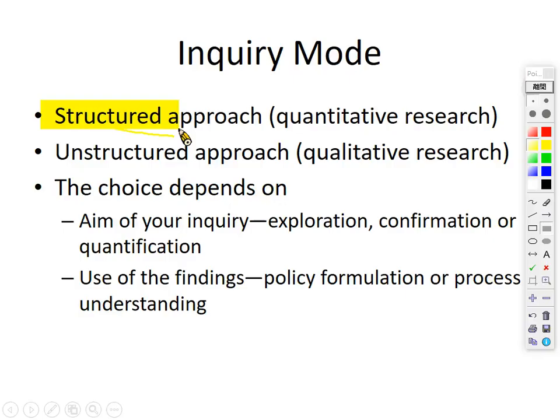So I need to describe it. But before I interview you, I have no idea what kind of interactions we will have, right? So in this regard, I cannot structure the process of the interview completely in advance. So that's why we say unstructured, okay?